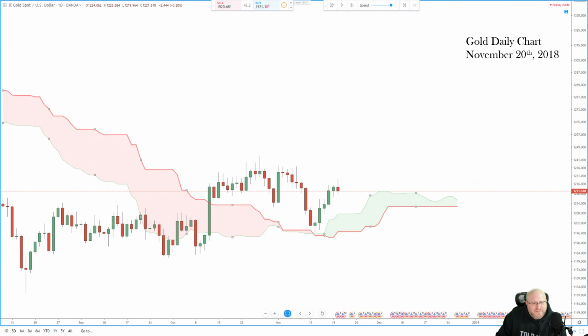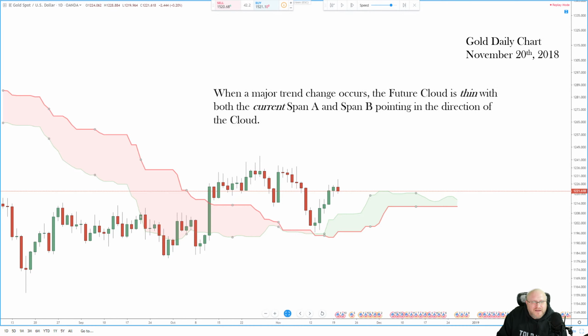So this is gold's chart, all the way back in, when was this? Geez, 2018. Okay, gold's chart in November 2018. Like I said, I need to update these things. What Patel talked about is that you should look at the two clouds.